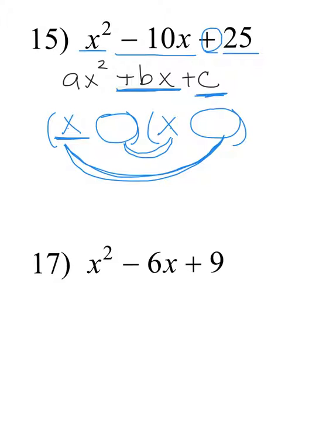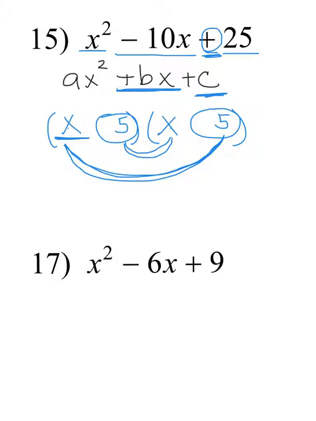The only factors of 25 are 1 and 25, and 5 and 5. Because it's the same sign, the two numbers have to add up to negative 10. Well, 1 and 25 don't add up to negative 10, but 5 and 5 do. So we can put a 5 there and a 5 here.